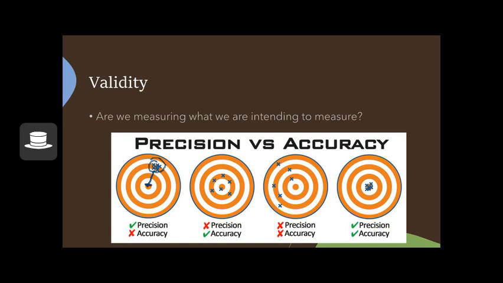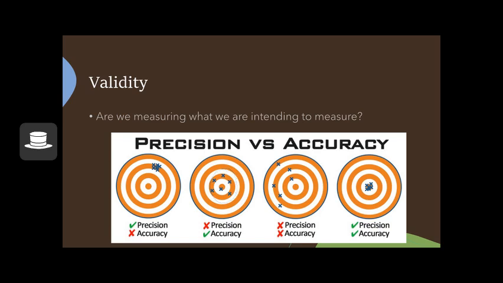This is a really good measurement tool, but I'm actually not hitting what I'm trying to measure. That's an issue, right? Or I might have something that isn't a really good measurement tool, but kind of gets close to what I'm trying to measure. It's close enough. That's not great either. So low reliability is going to affect your validity, right? If you don't have a precise measure, you can't have an accurate measure.